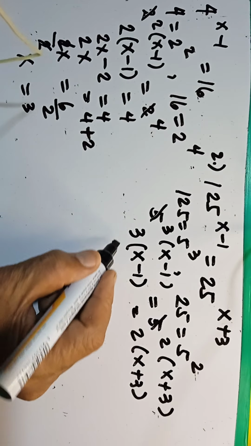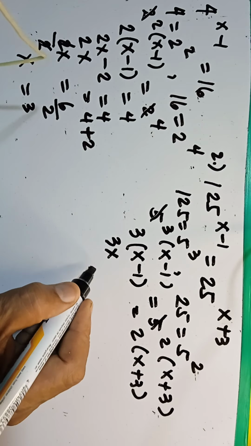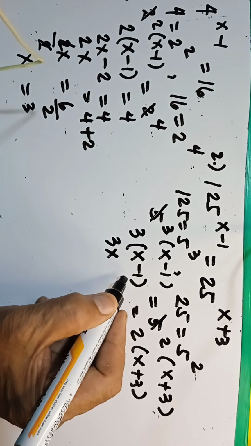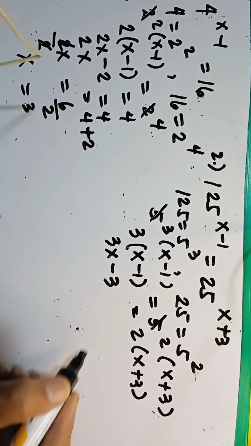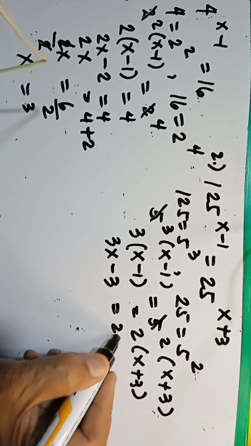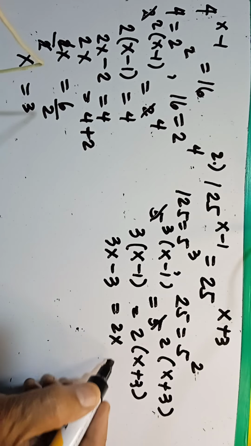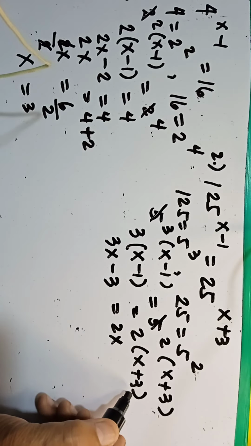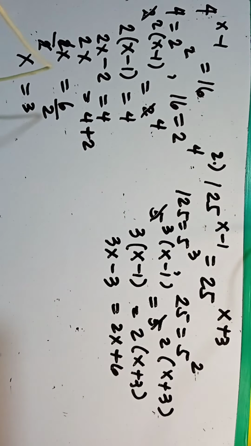So 3 times x is 3x, and 3 times negative 1 is negative 3, equals 2 times x is 2x, and 2 times positive 3 is positive 6.